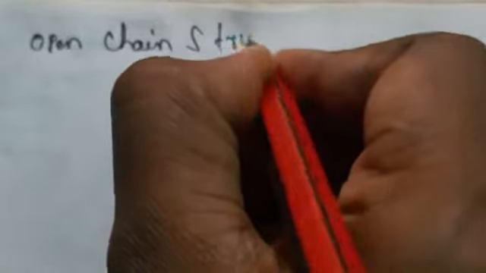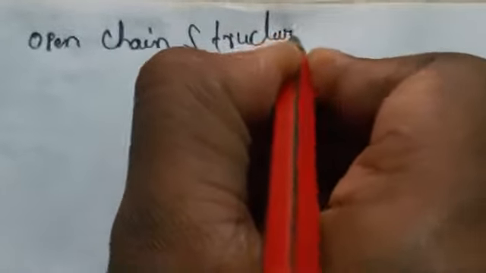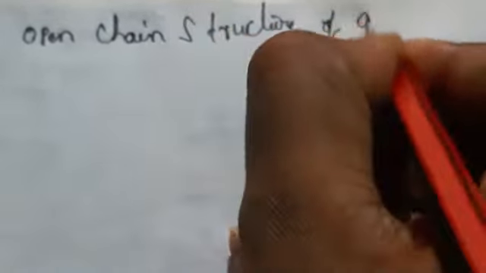Now let us see the open chain structure of glucose.